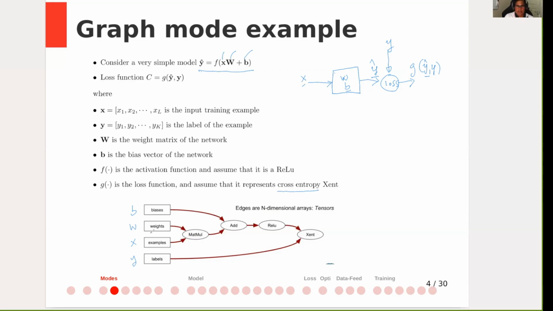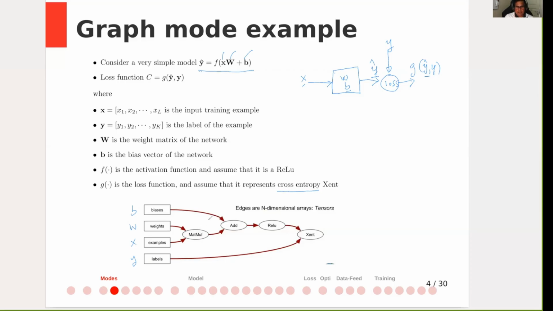So this diagram shows the computation graph of this model. The inputs to the computational graph are the bias vector b, the weight matrix W, the examples X, and the labels Y. The first operation is the multiplication of the weight matrix and input examples. These are the inputs, and the operations are denoted by ovals in this diagram.